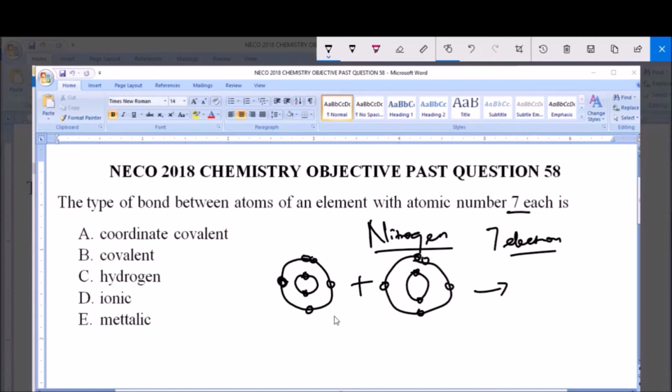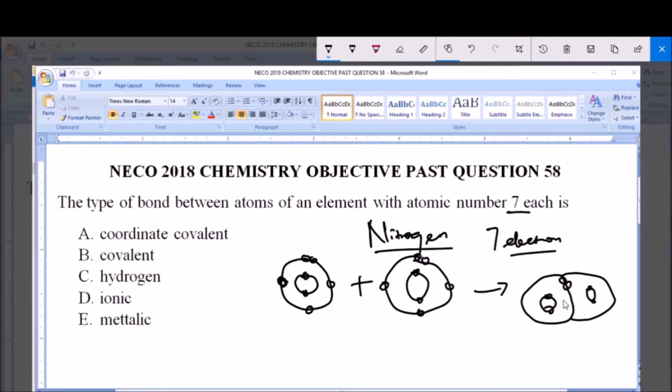Now the 3 unpaired electrons of this atom will share its unpaired electrons with the unpaired electrons of this one to give paired electrons, so that their configuration can be stable, giving rise to something like this. And these are the 2 atoms. Now these 2 atoms will share their electrons amongst themselves.